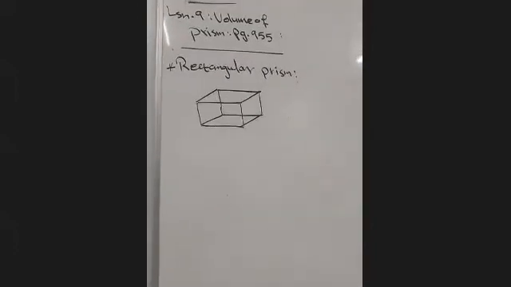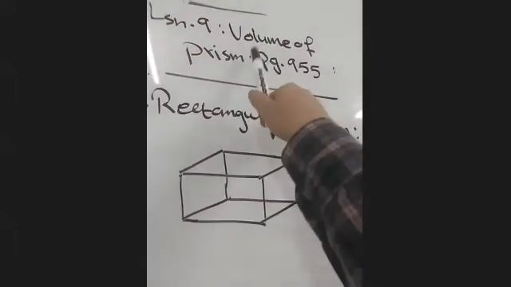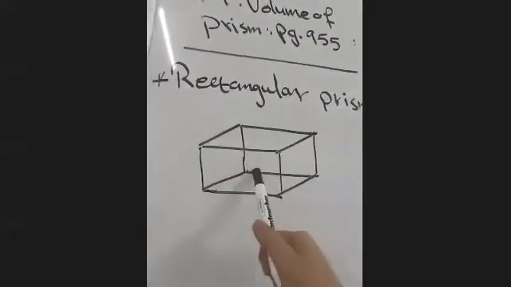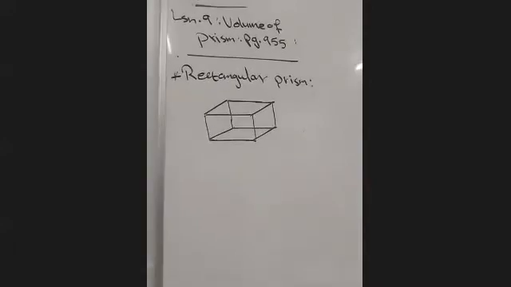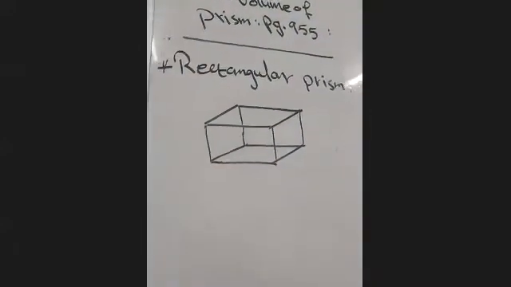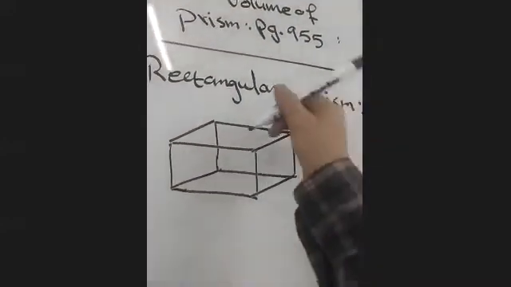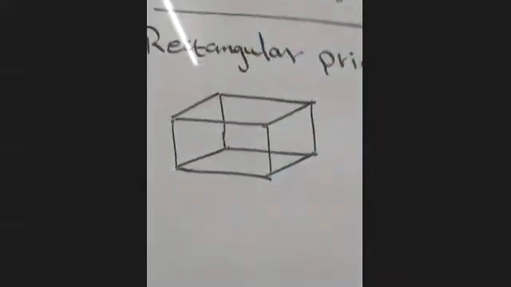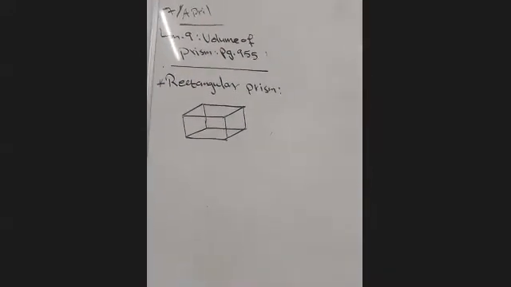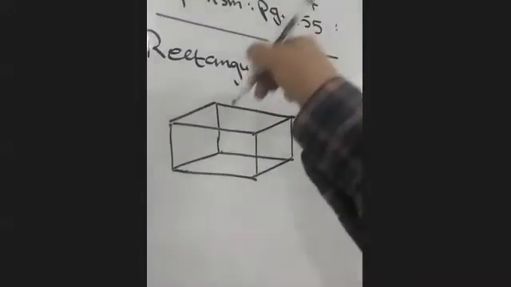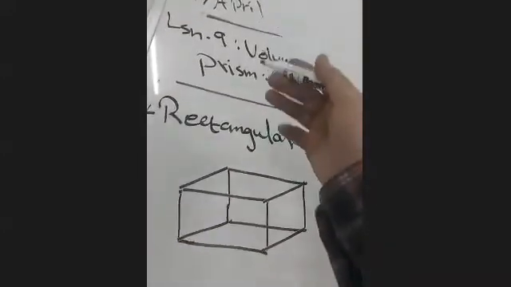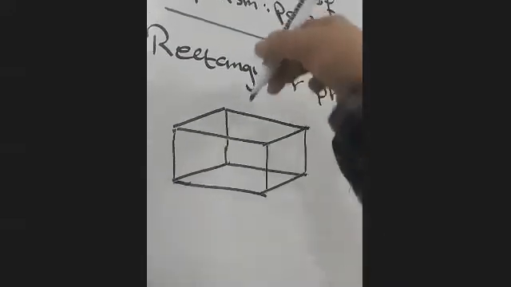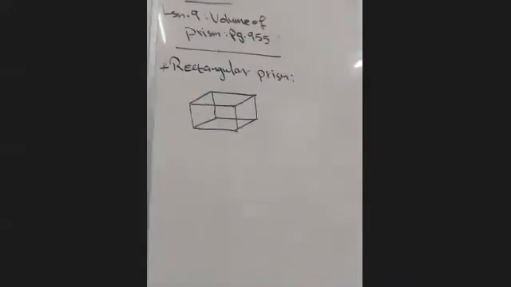Now, what we will find today is the volume of this prism. First, what is the volume, guys? The volume is how much space is inside the prism. We can put things inside it, right?